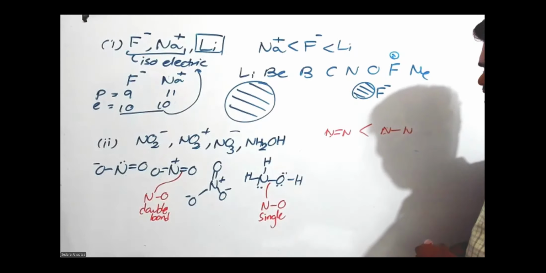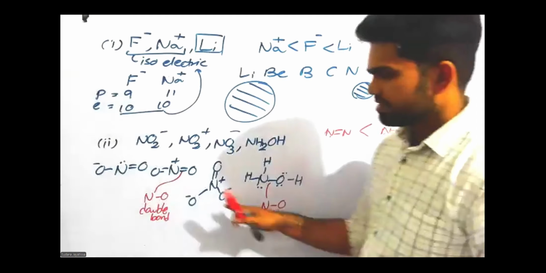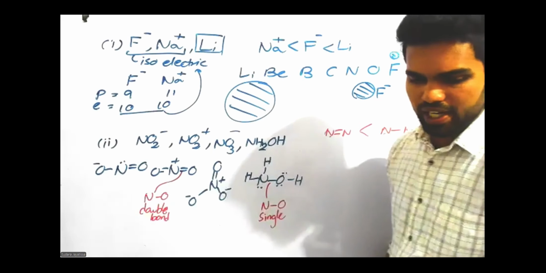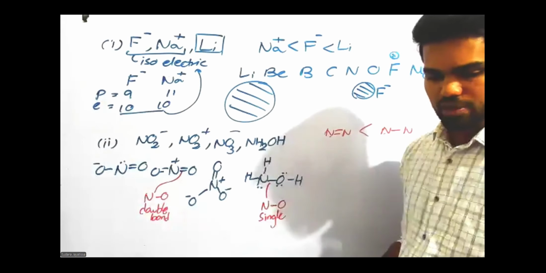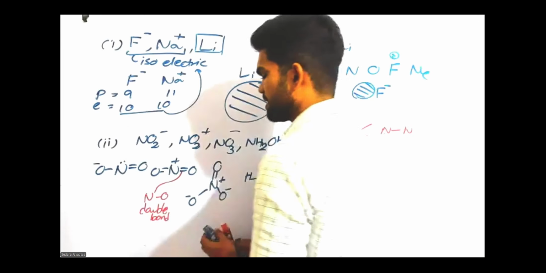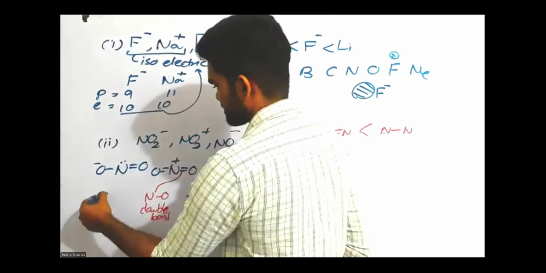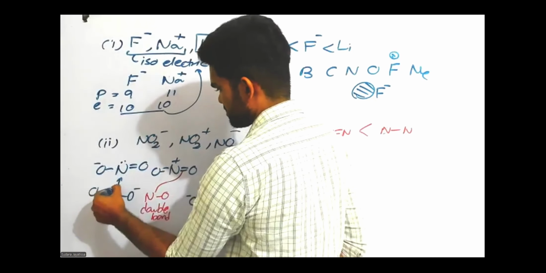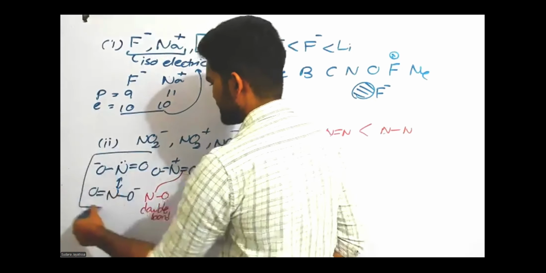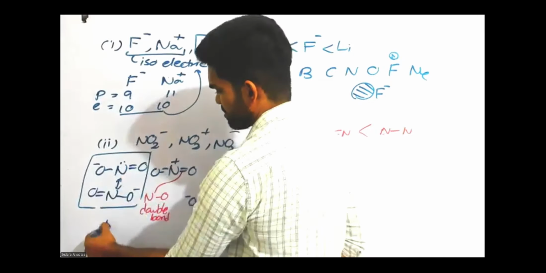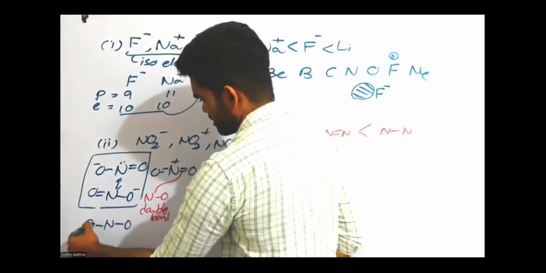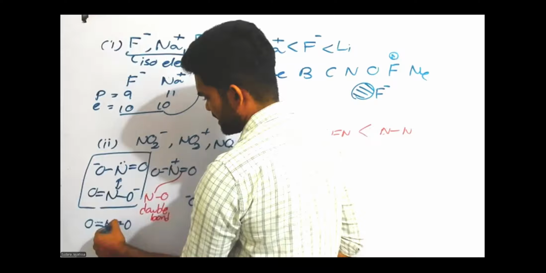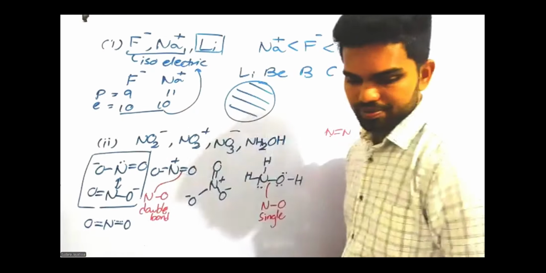Then you have a problem with NO2 minus and NO3 minus. Now I'll explain it regarding NO2 minus, and you can understand it for NO3 minus. This is the resonance structure of this molecule, and the actual structure is a hybrid of those. That means in the actual structure, the bond length is in between single and double in nature.